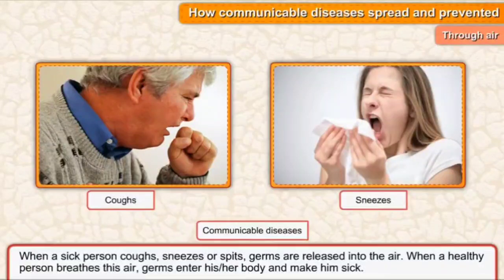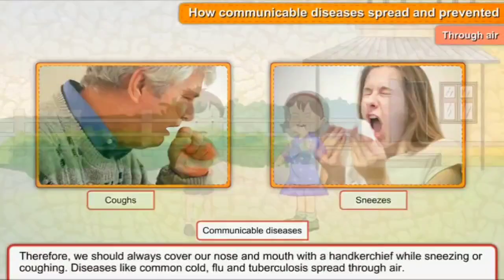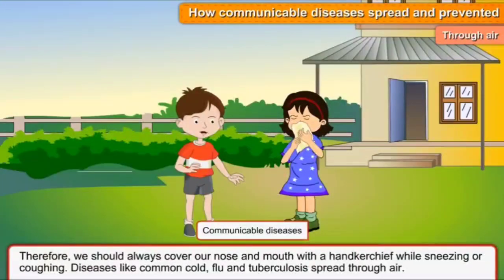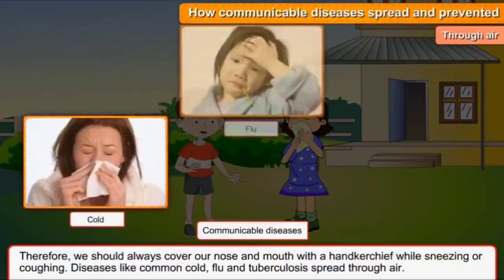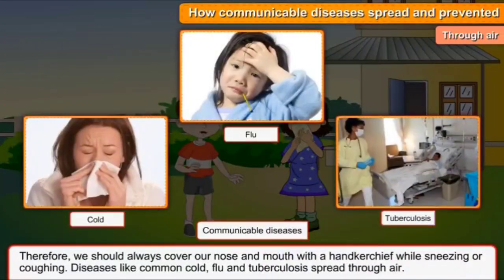When a healthy person breathes this air, germs enter his or her body and make him sick. Therefore, we should always cover our nose and mouth with a handkerchief while sneezing or coughing. Diseases like common cold, flu, and tuberculosis spread through air.